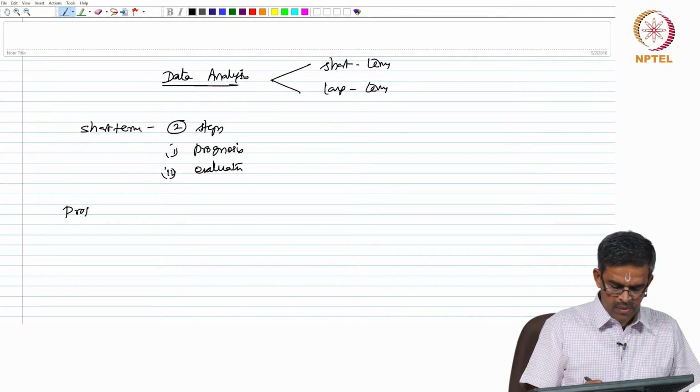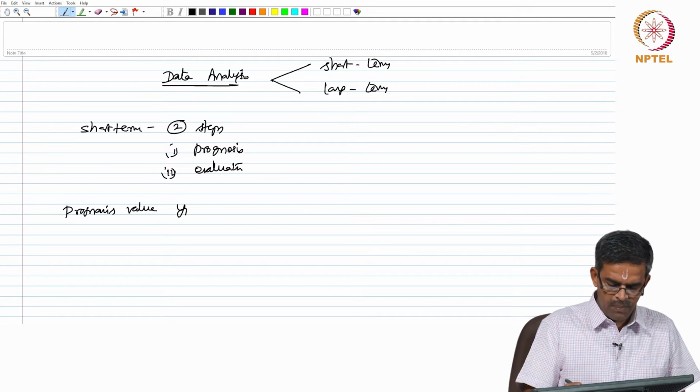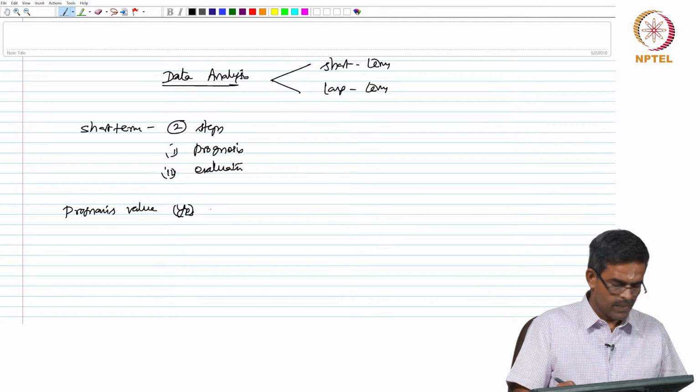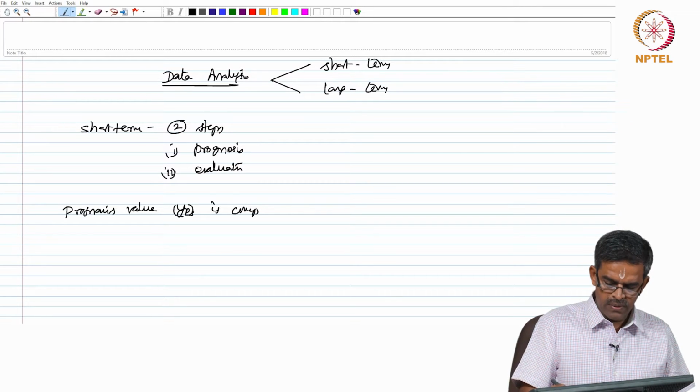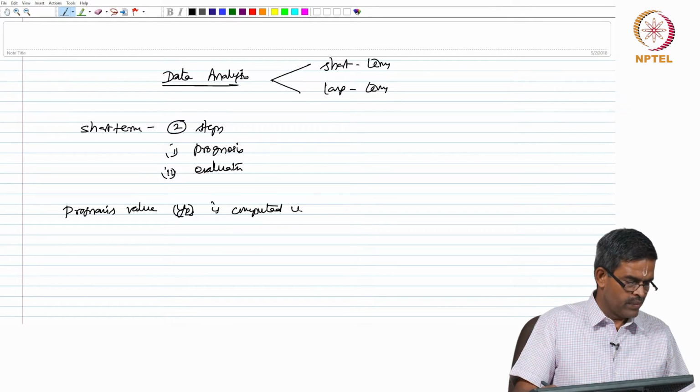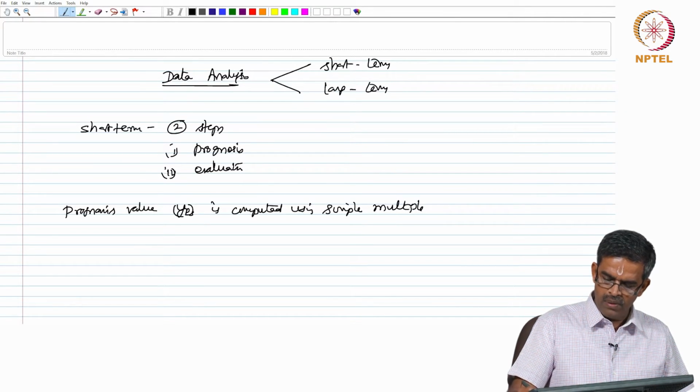The prognosis value, let us say y p of s, is computed using simple multiple regression model.